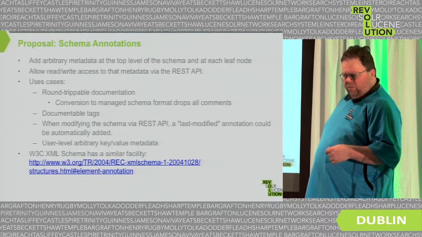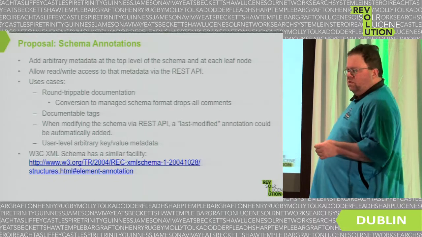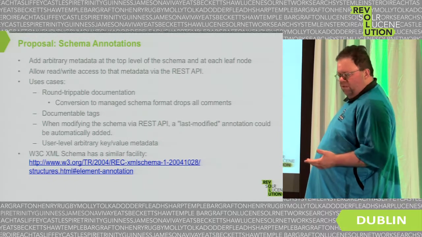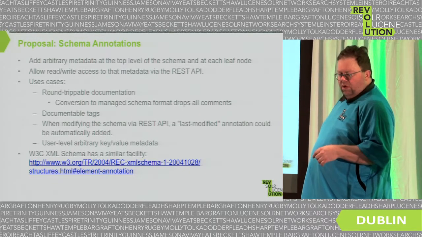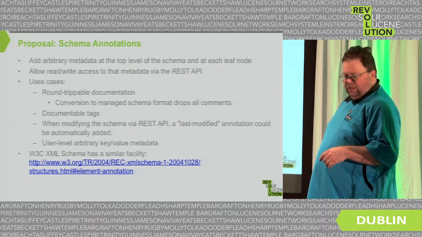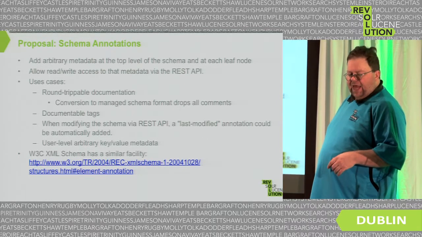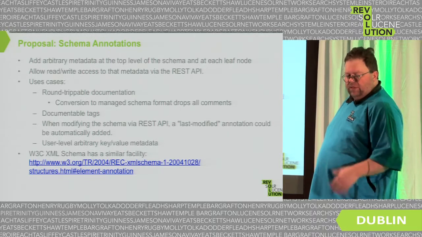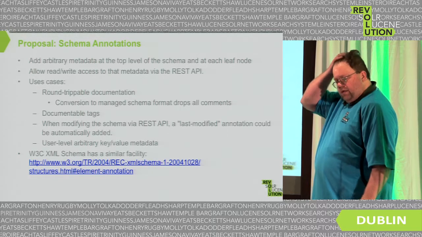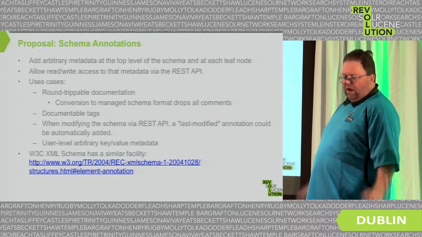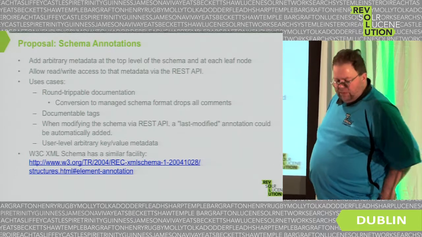So I think this would solve the problem of the XML comments being stripped from schema.xml when conversion to managed schema occurs, and would enable round-trippable documentation in general. Would allow for tagging elements of the schema which could be documented in a central location, and for example, could allow for, say, a last modified annotation to be automatically added when modifications were performed.